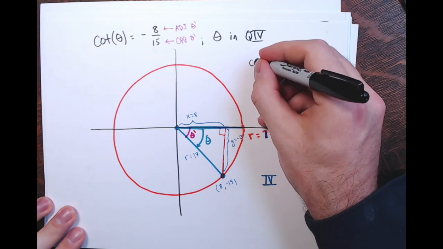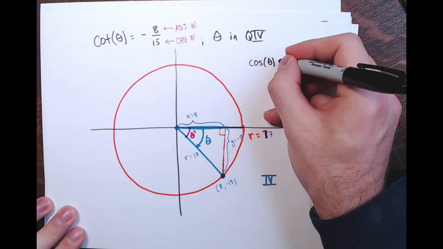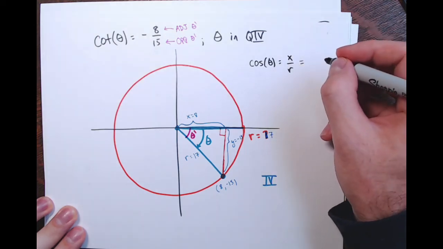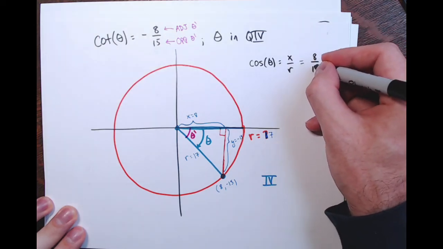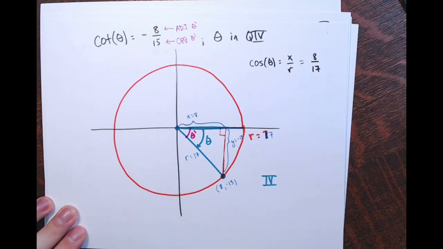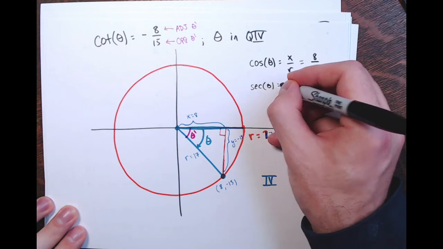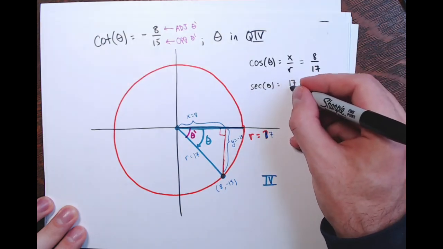So remember, the cosine of this angle is the x coordinate of my point divided by the radius of the circle, would be 8/17. The cosine of this angle would be positive 8/17. And so the secant of this angle would just be the reciprocal of this, positive 17/8.